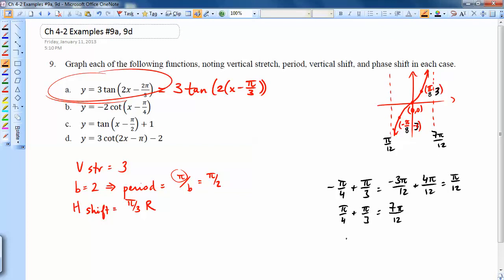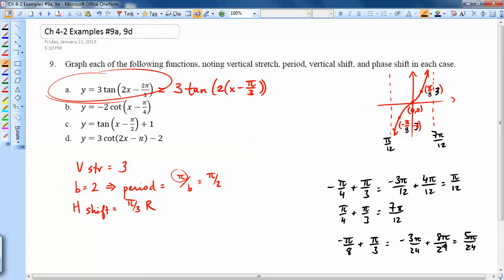The pi over 8s are going to have to get shifted by pi over 3. Right? So let's do negative pi over 8 first. So that's like negative 3 pi over 24 plus 8 pi over 24. So we're going to end up at 5 pi over 24. So that's this one.